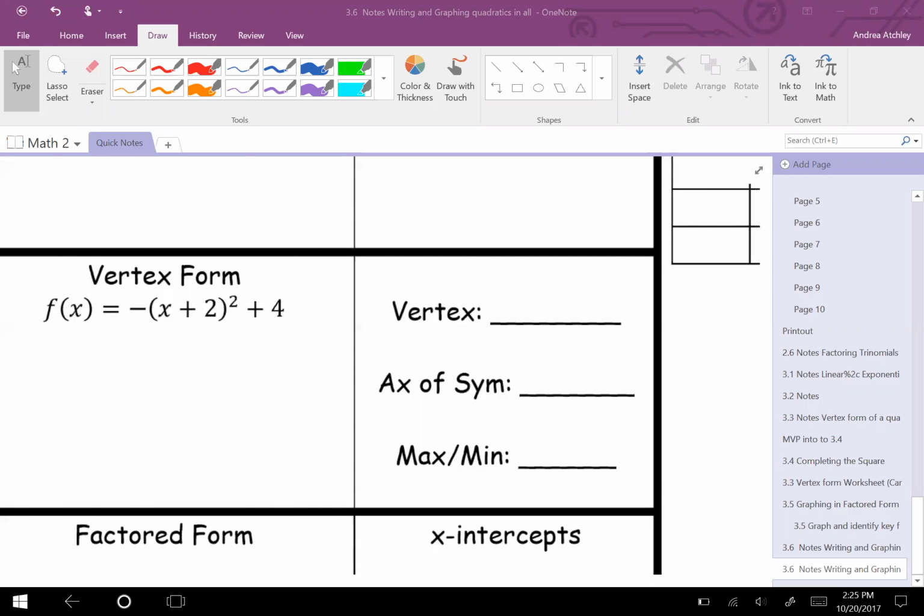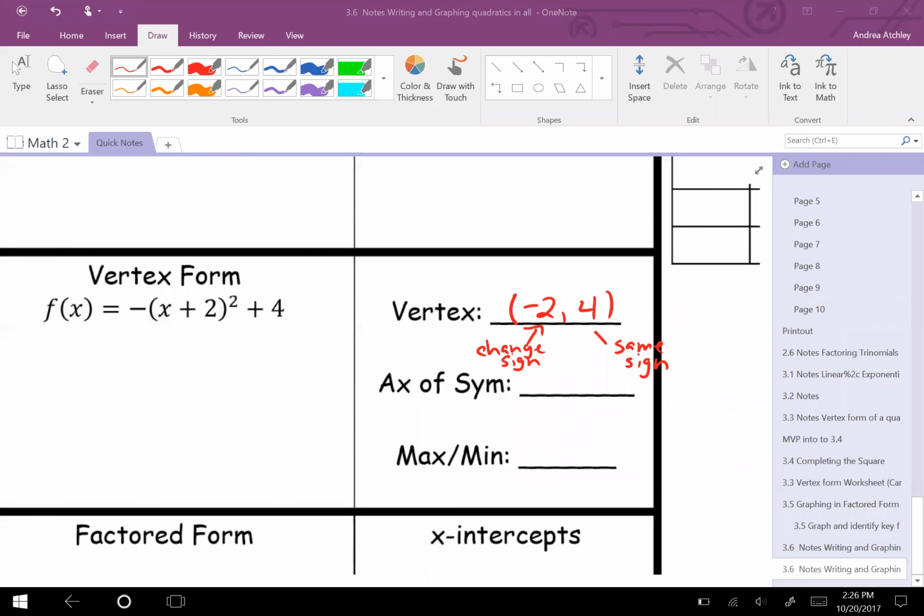Okay, now we need to identify the vertex. Isaac, what's the vertex? So my vertex here is -2 and 4. Remember, this is changing the sign, and this is the same sign. Okay, so we have that as our vertex.